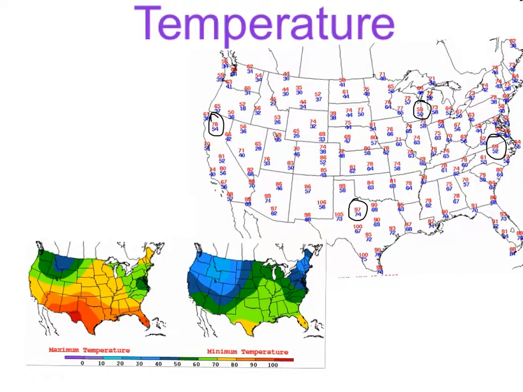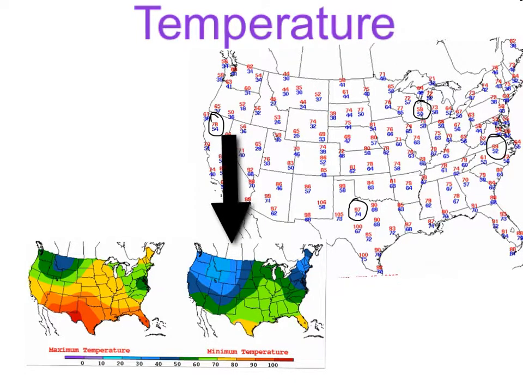Here are some maps of the high and low temperatures located on this map. The blue and purple is colder, colder temperatures, and the lighter ones are warmer. The map to the left is the high for today, and the right one is the low for today.